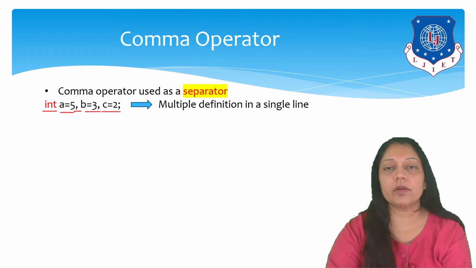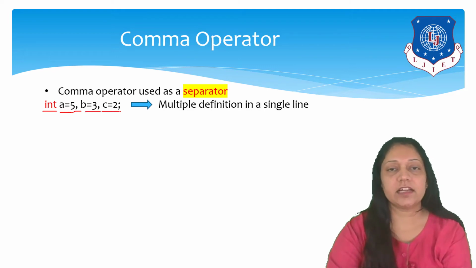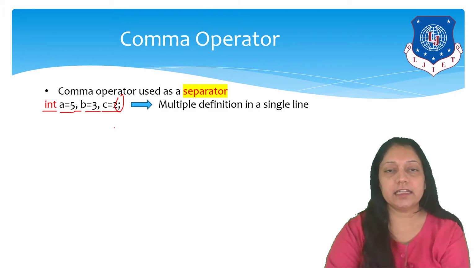Similarly, if I write comma c equal to 2, c is now my third variable of integer data type and the starting value is equal to 2. And end the statement with a semicolon. So in this complete line, we are declaring three variables a, b and c with some starting value and all these three variables are of integer data type.